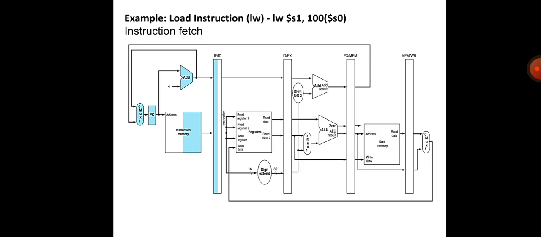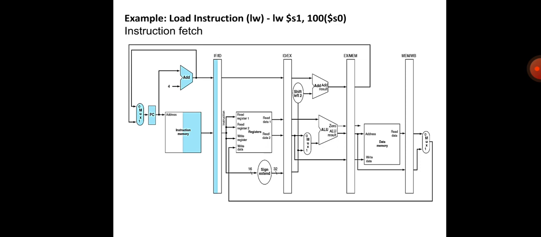So in the instruction fetch stage, we are reading the instructions from the instruction memory. Reading is done in the right half, so the right half is highlighted.